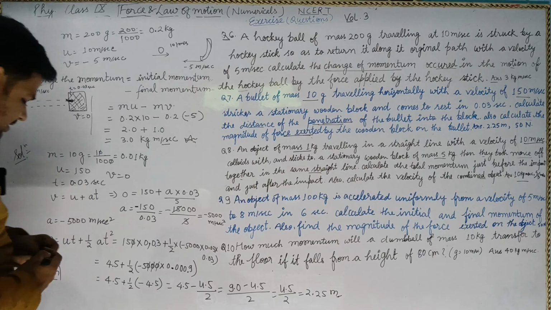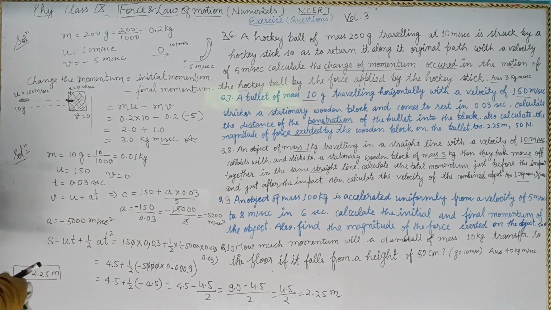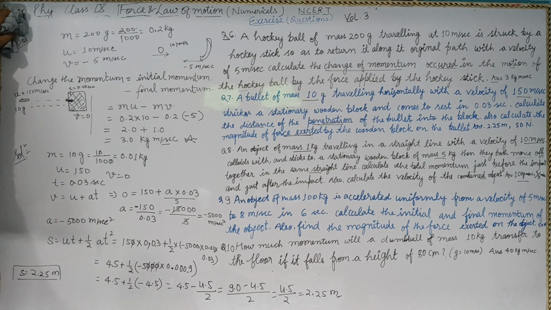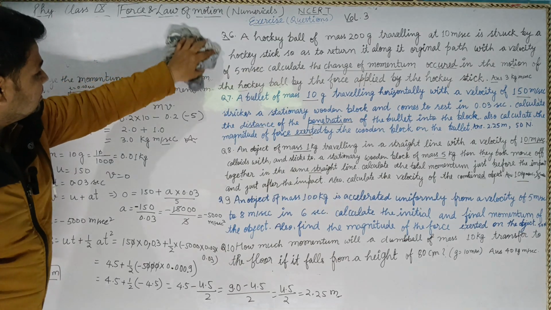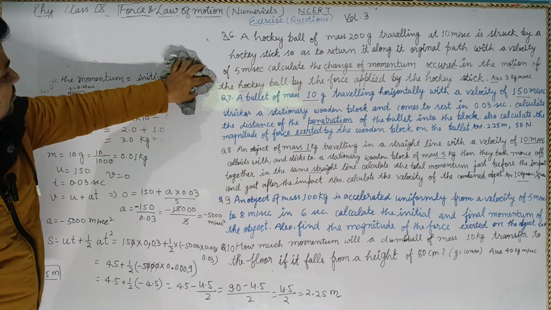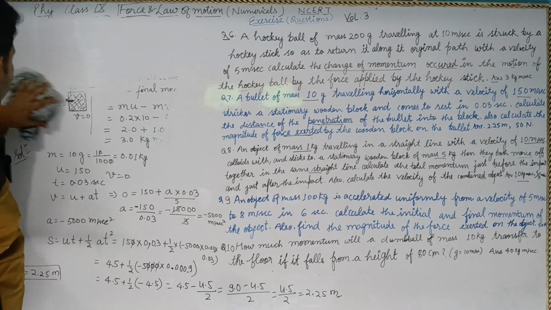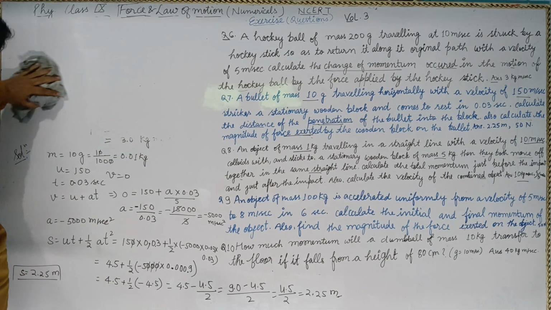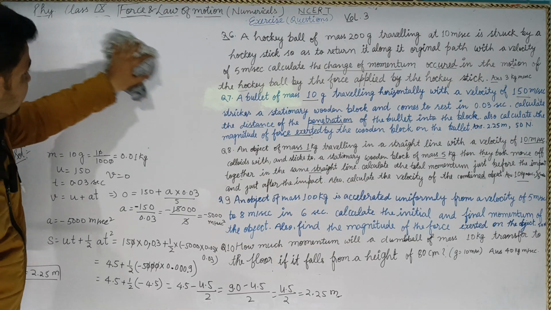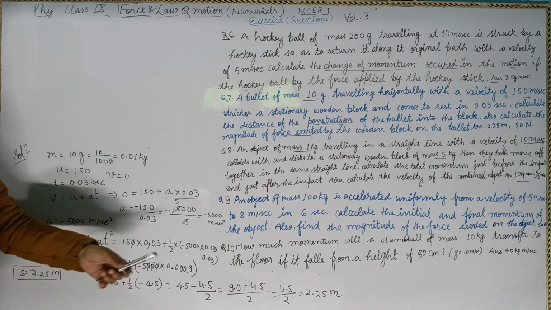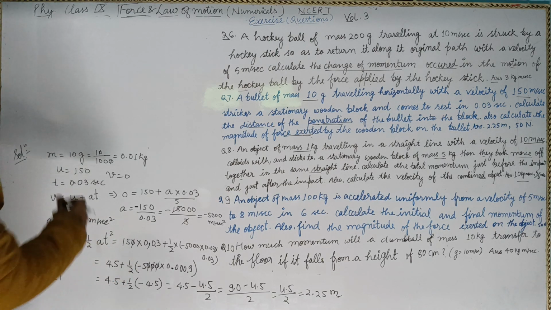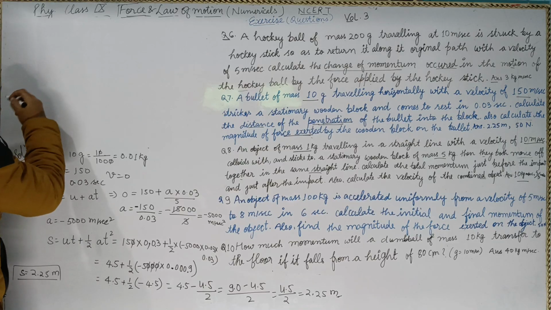It is our solution. In another way we can solve this question from the third equation of motion. If we put the given values in the third equation of motion, we also find the result of this question.